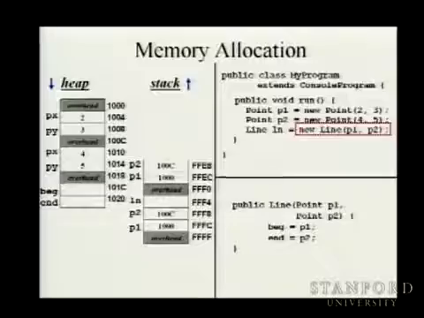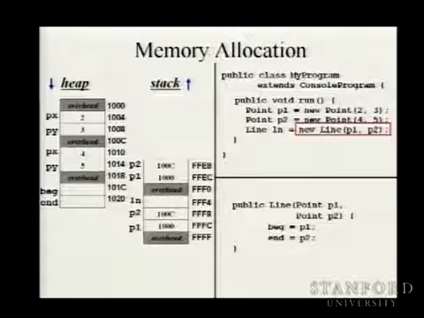Now, we call the constructor method. So actually, I didn't show you this before when we did it for points, but what was actually happening when we called the constructor is the constructor is just a method, just like any other method. Except the constructor doesn't have a this pointer associated with it because it hasn't created the object yet. It's still in the process of creating the object. What it does have, though, is the parameters that get passed into it. Well, what are the parameters that get passed in there?